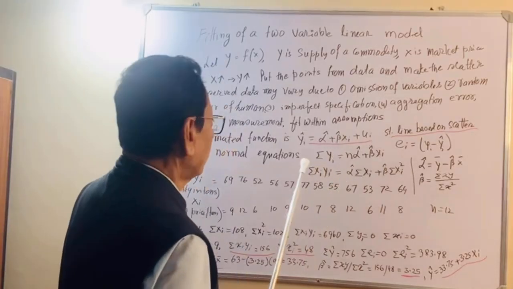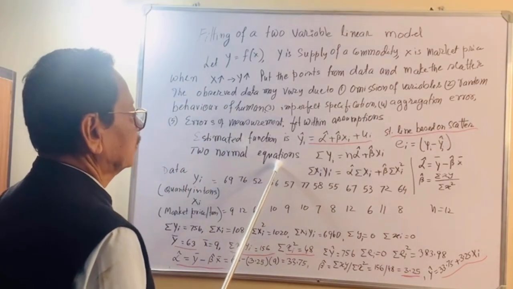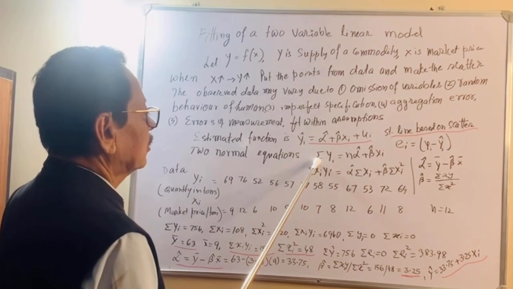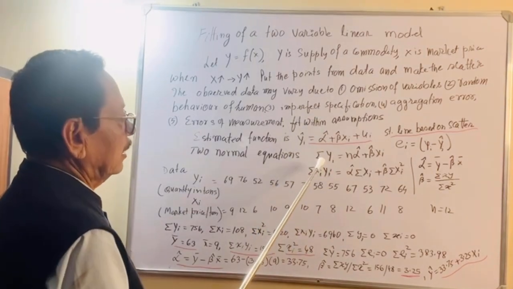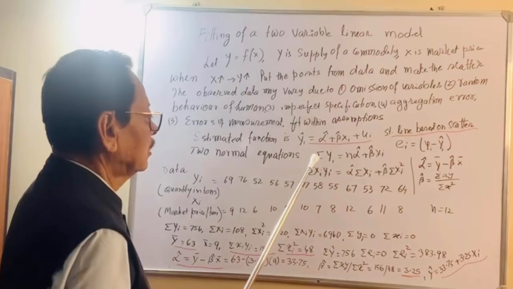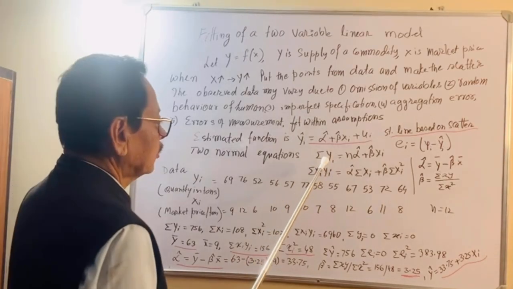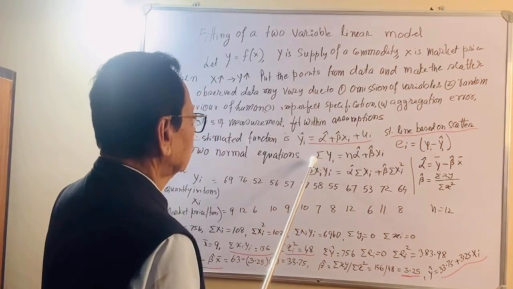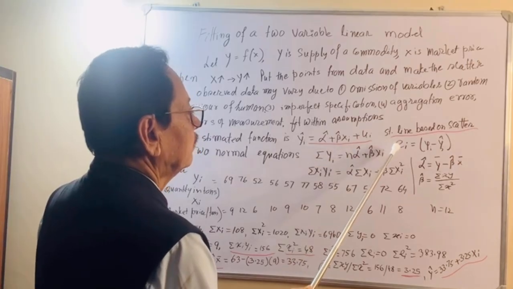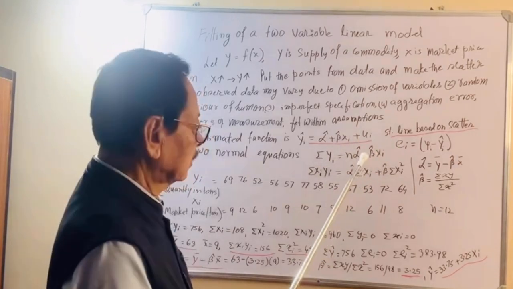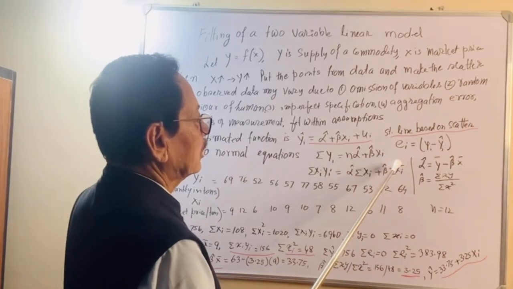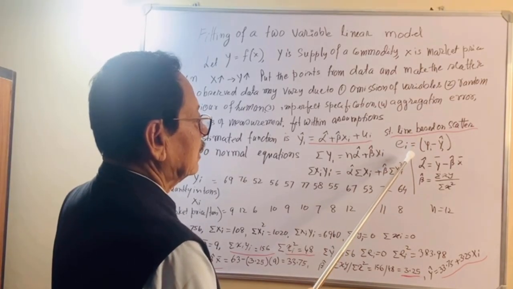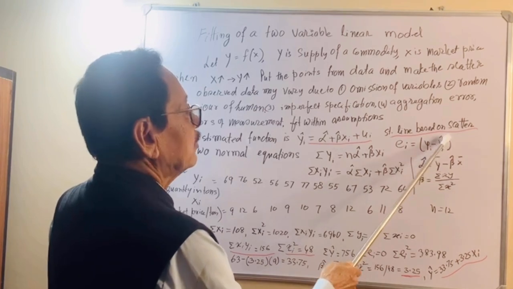Okay. So two normal equations. We have already seen earlier how the two normal equations are developed: with minimization of the sum of the squares of the error term. So ei is nothing but yi minus estimated yi.